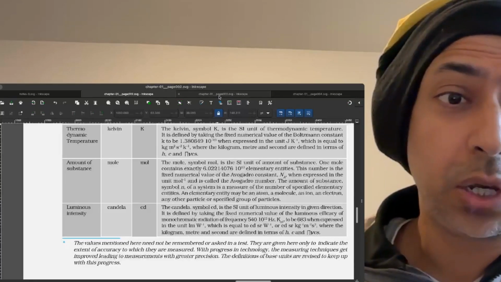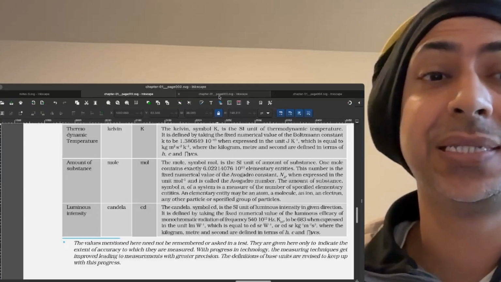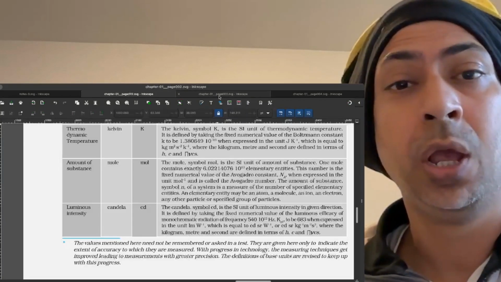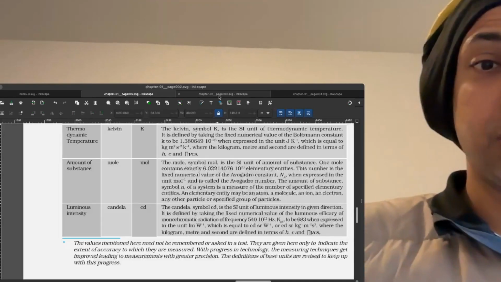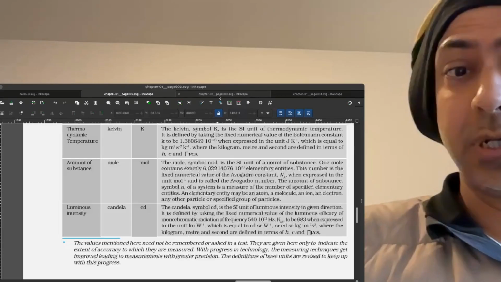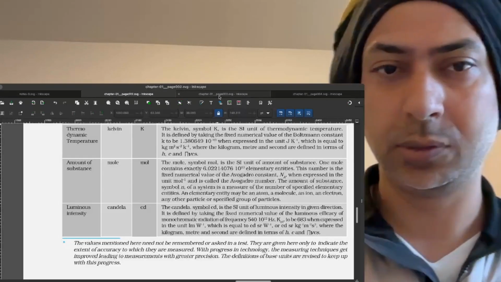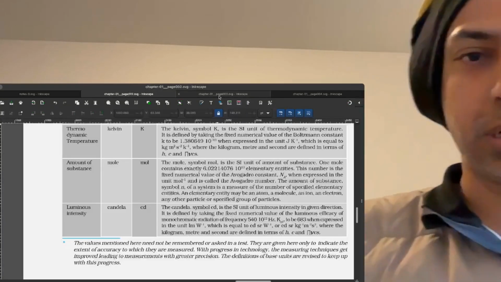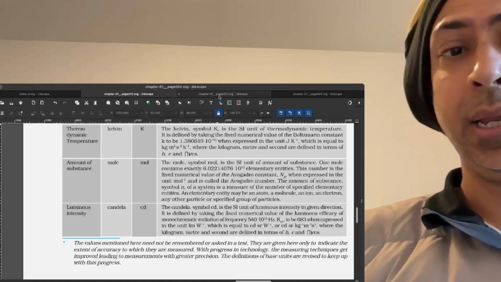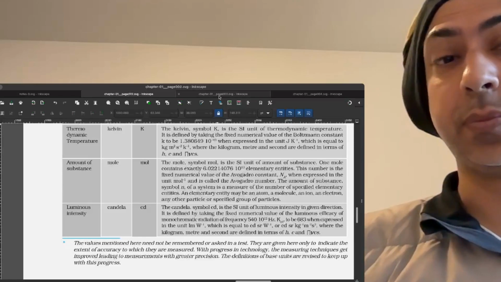Thus, the result of measurement should be reported in a way that indicates the precision of measurement. So this reporting action is now happening. The measurement action has happened. Now the reporting of the result is happening in a way that indicates the precision of measurement.